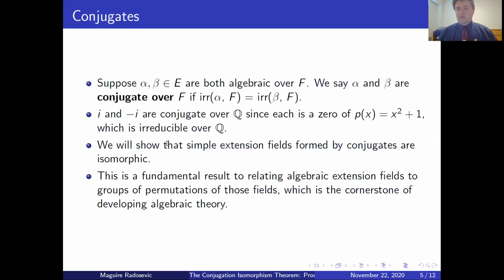Because in its simplest terms, if we have multiple elements that we're adjoining to this field, then every isomorphism under this theorem is going to be a permutation of those zeros of the conjugates. And so that gives us a way that we can relate group theory, which we learned with permutations, to field theory with these extension fields that we've been working with for a little while now. And that's key to developing some pretty profound results that we'll discuss later.